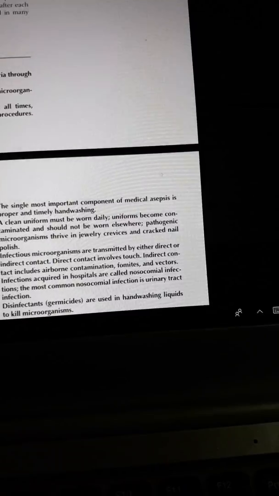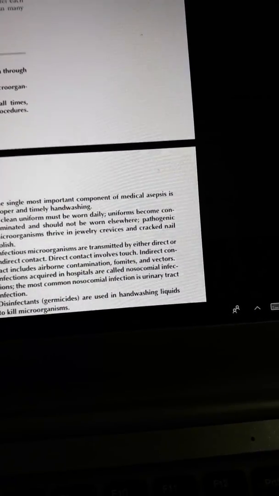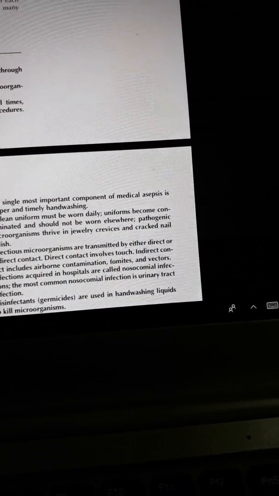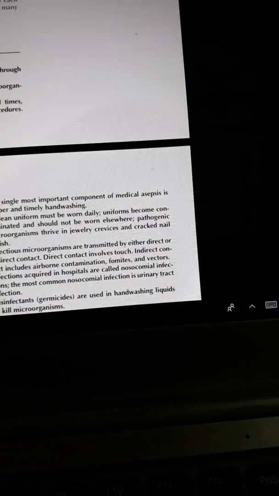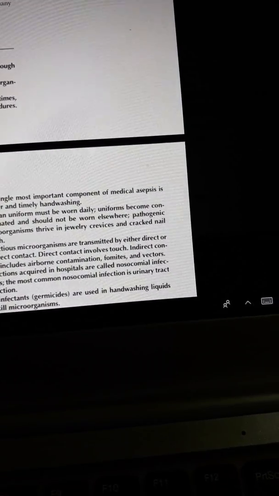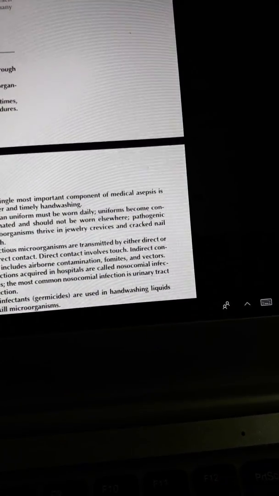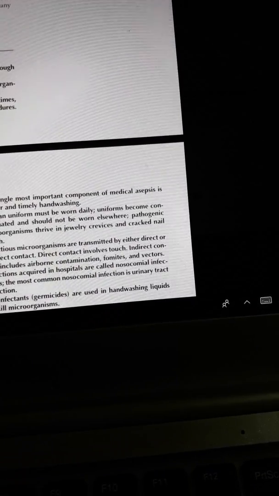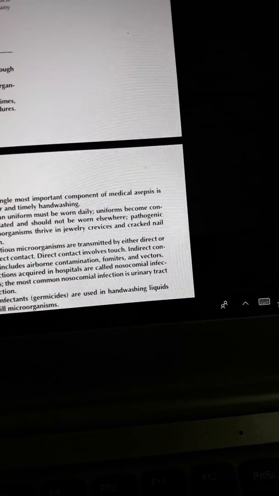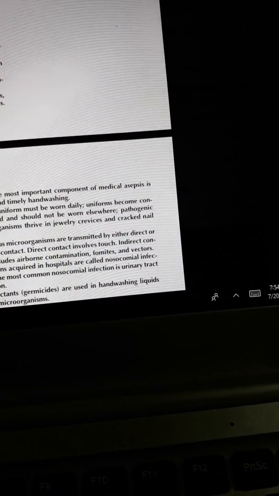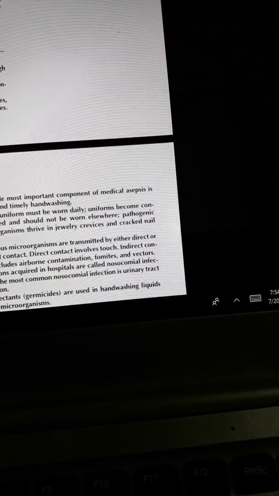Indirect contact includes airborne contamination, fomites and vectors. Infections acquired in a hospital are called nosocomial infections. The most common nosocomial infection is urinary tract infection.